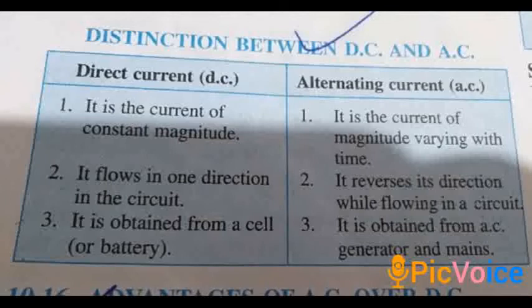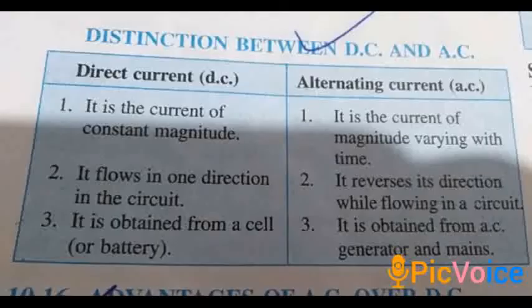So DC current cannot be stepped up or stepped down, and AC current can be stepped up as well as stepped down and then sent wherever we want to send it. And why step up and step down is required is explained in the previous videos. There is no point repeating it, just watch the earlier videos. So this is the advantage of AC over the DC current.